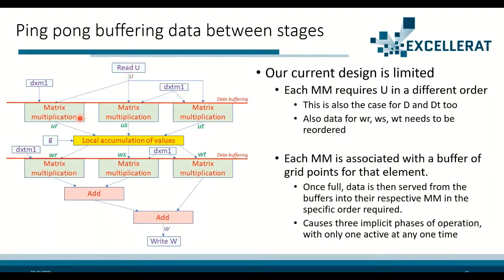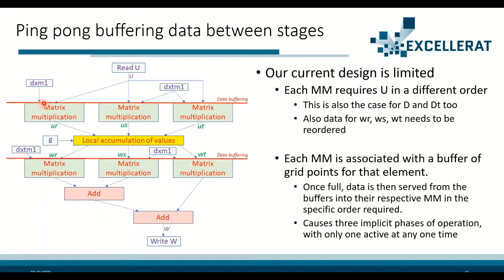It's read in for each of these matrix multiplications, but for each element, it's consumed in a different order, in that one, and that one, and that one, than what it is in memory. And it's the same for down here. Each of these is producing intermediate values, but the order in which they're produced, these 4,000 grid points, is different from the order in which they're consumed.